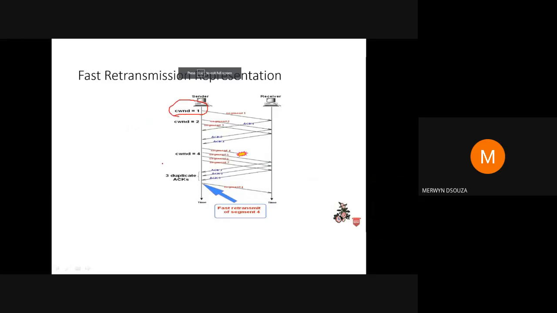In order to prevent the network speed from reducing so drastically, since only one segment has been lost, we don't want to reduce the network speed by that much. Therefore, in order to stop slow start from happening, we use the mechanism of fast recovery.